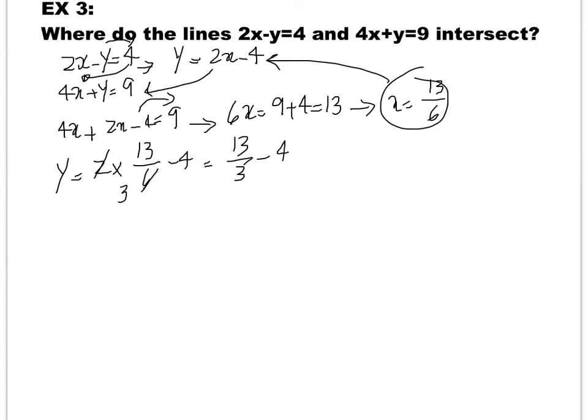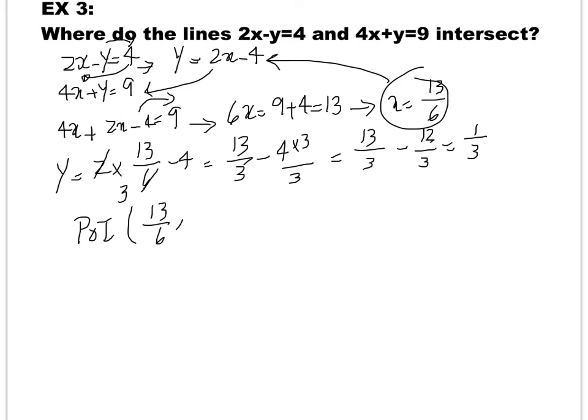To change the denominator to 3, I multiply by 3, divide by 3. I get 13 over 3 minus 12 over 3, which is going to give me 1 over 3. So my POI is 13 over 6 and 1 over 3.